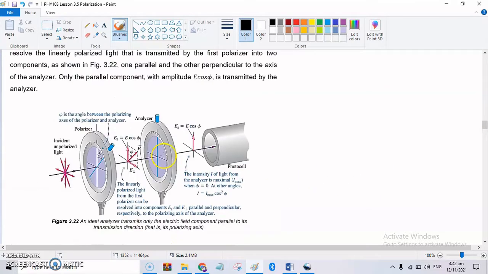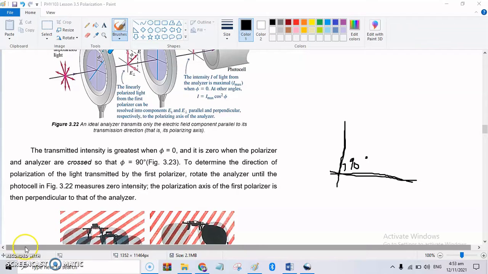So again, our analyzer will only pass through our parallel component, the E parallel, to our photocell, and the intensity of light from the analyzer is maximal when phi is equal to 0. At other angles, the intensity is equal to the maximum intensity times cosine squared phi.